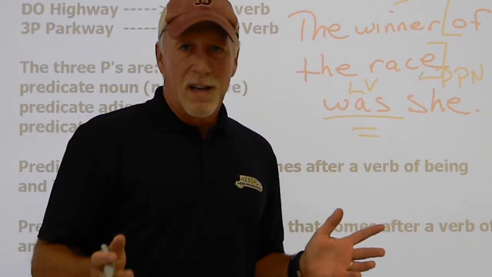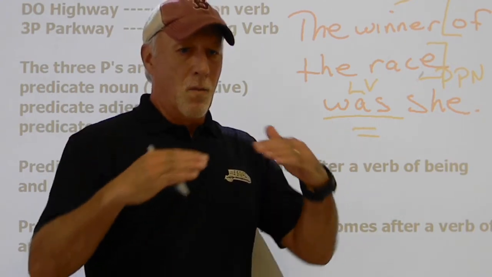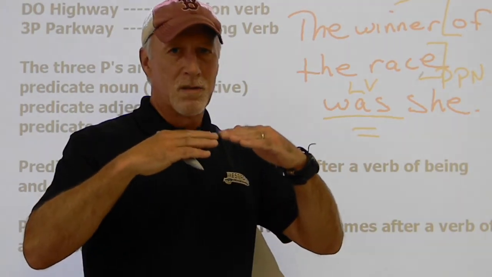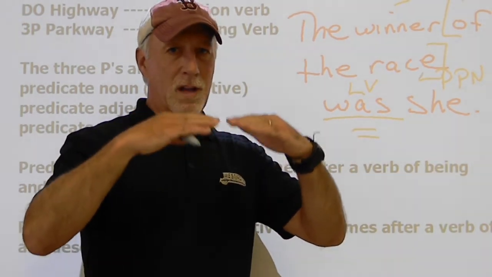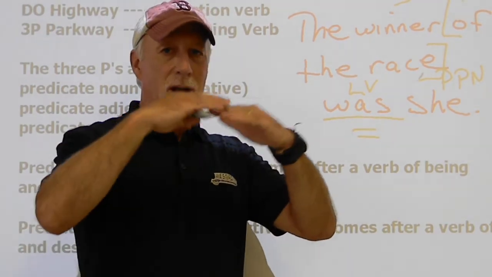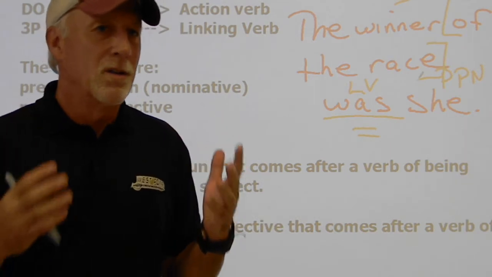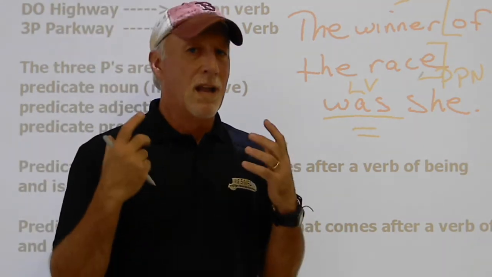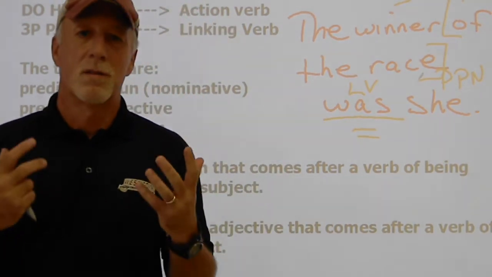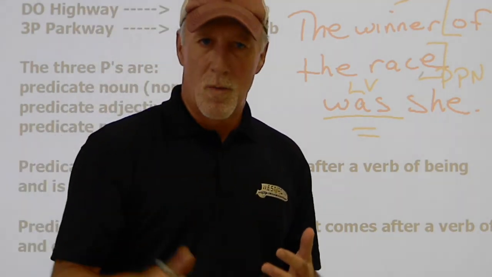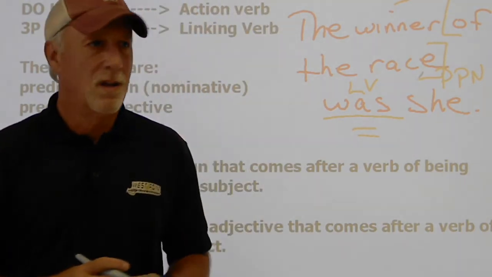We're building our house of grammar, our foundation. You have to understand step by step, or you're going to struggle. Any questions, comments, concerns, bring them to class. Write them down in your notebooks tonight as you're doing this.